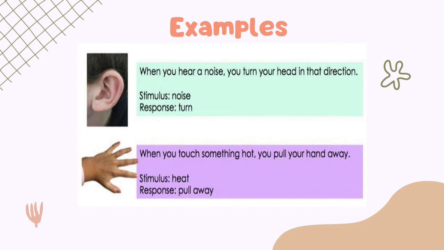The stimulus is feeling cold, and the response is putting on your jacket. Another: if it starts raining, you take out an umbrella. The stimulus is the rain, and the response is taking out the umbrella. That is another example of response and stimulus.